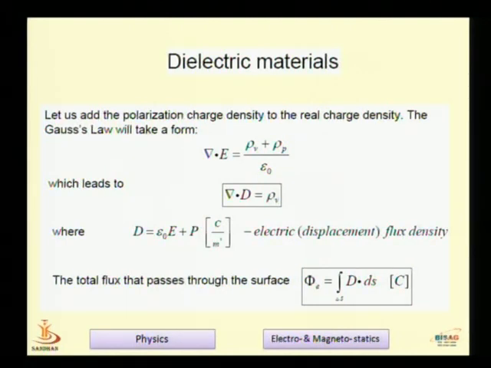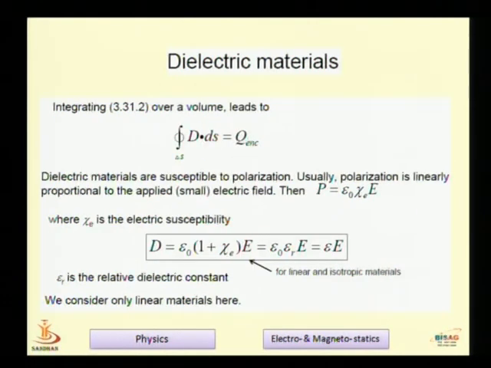And then we can write down del dot D is equal to rho V, where D is called displacement flux density. And this displacement flux density we can also write down in terms of electric field. You can see here we are considering linear and isotropic materials.